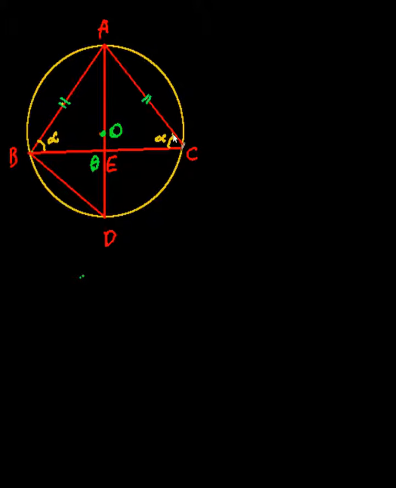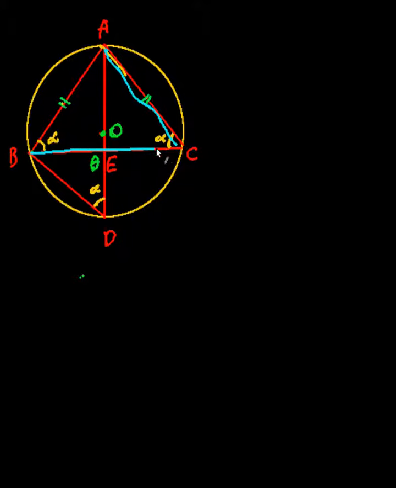Now it turns out this alpha angle over here is going to be equal to this angle over here. So I have an alpha angle. The reason being, if you look at this, so let me choose another color. If you look at this thing, it's the same segment.